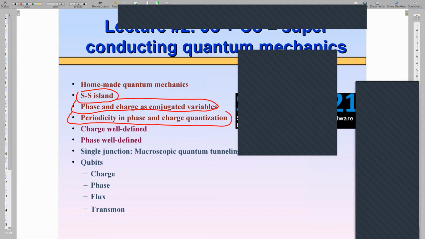We will discuss the properties of this artificial atom in 2 different limits. Good. And that will bring us very close to practical devices, which are made in this way.